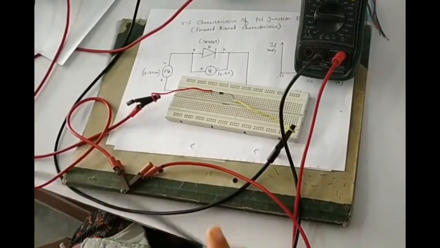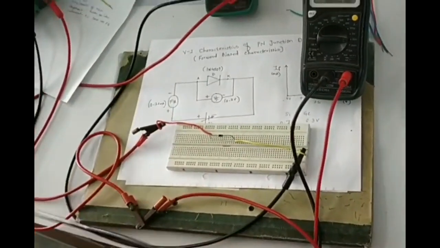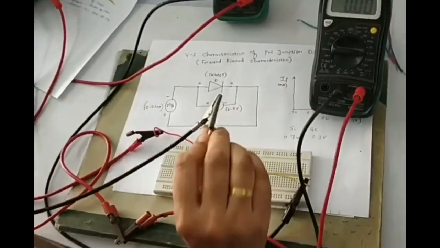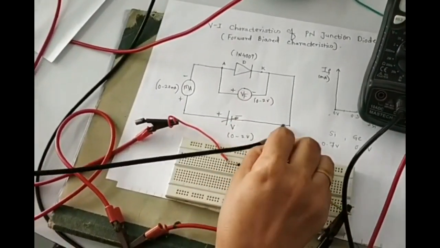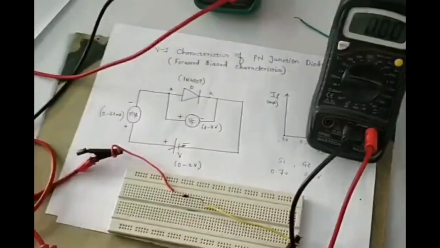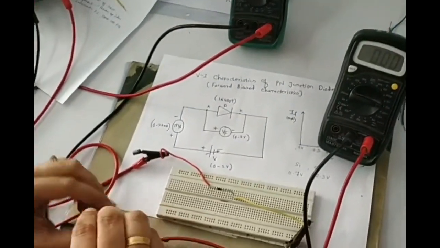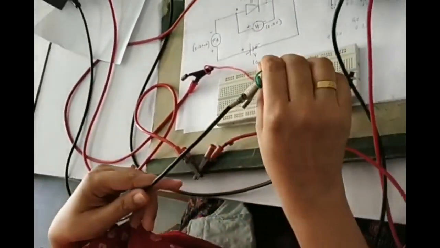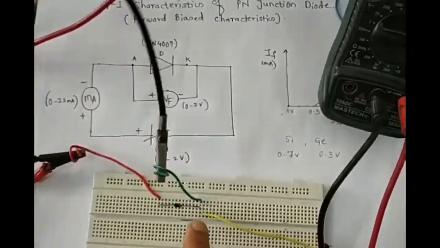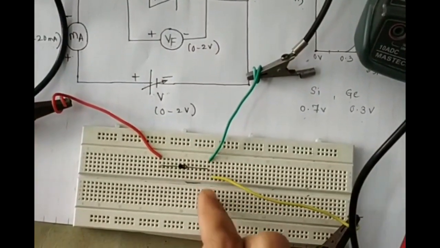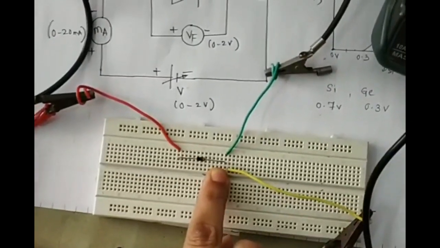Okay, now what about the negative terminal of this power supply? See here, the negative terminal of this power supply is connected to the cathode. So connect the negative terminal to the cathode. As I told you, you can share any slot but vertically of that particular point.